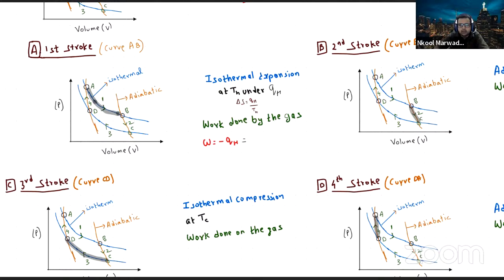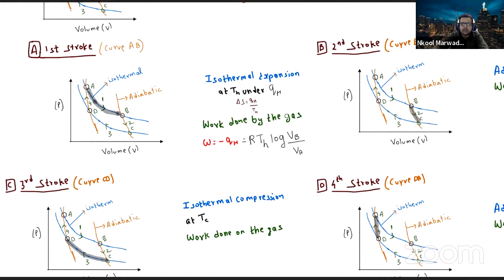TH is the constant temperature. And since expansion is taking place, VB is the final volume, VA is the initial volume. So this is clear to us. First stroke.